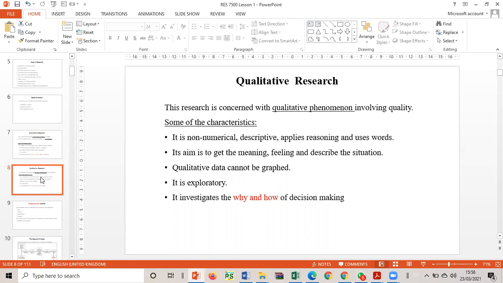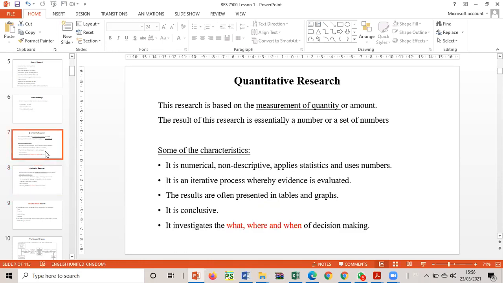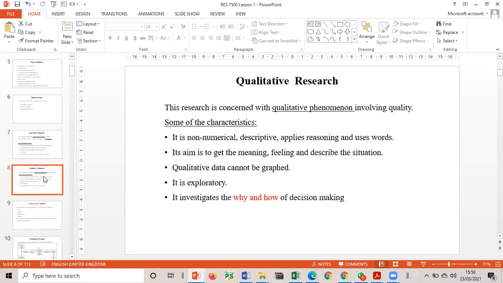Three different kinds of people verbalizing the same word mean three different things. Whereas in quantitative, we just ask on a scale of 1 to 5, you mark 5, for example, strongly agree. So there's no subjectivity. So there are advantages and disadvantages to both methods.